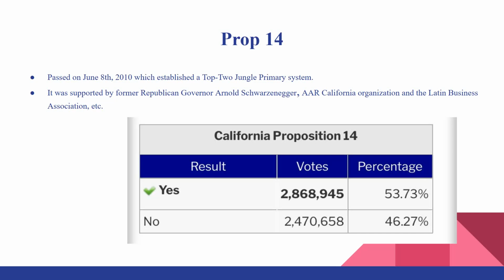Ever since 2014, California has always used the top two jungle primary system. They used it in 2016, 2018, 2020, 2022, and 2024, except for presidential elections, as I said earlier.